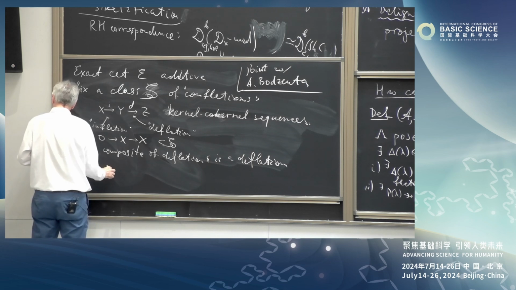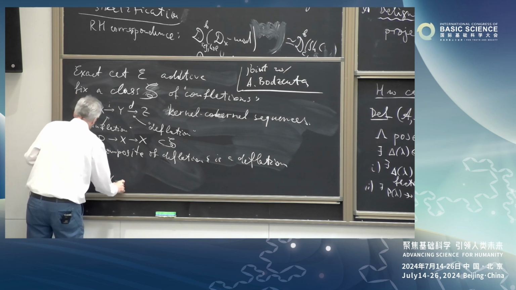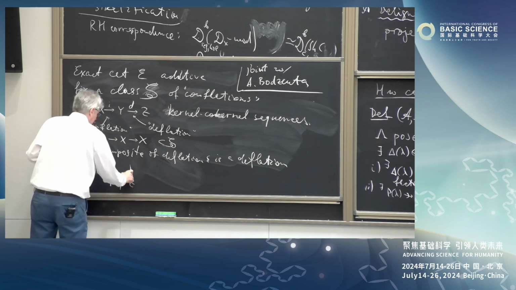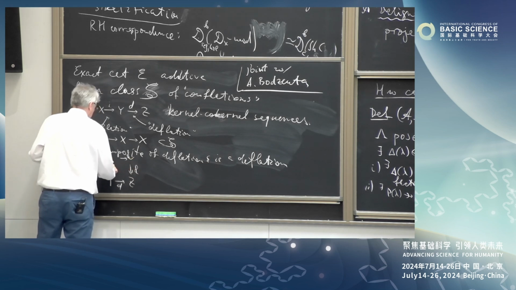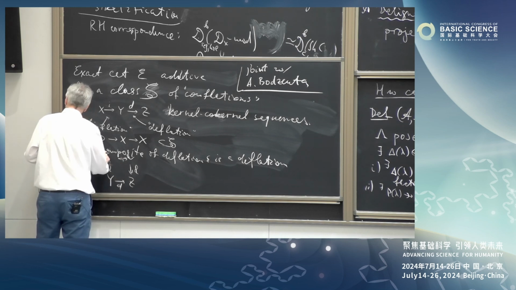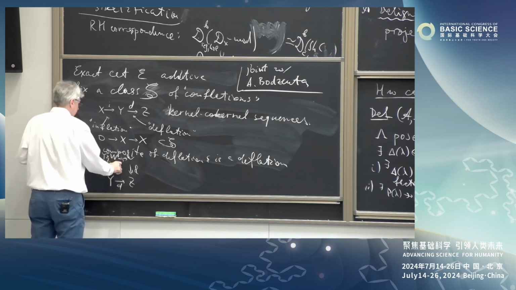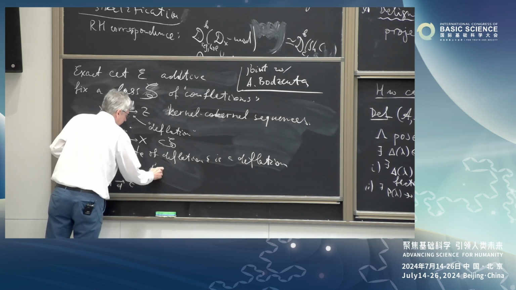Next, a pullback of a deflation exists and is a deflation. So if we have some deflation like this, and any morphism f from some W, then the fibered product Y cross W over Z exists. First, it exists, and second, this D prime is a deflation.